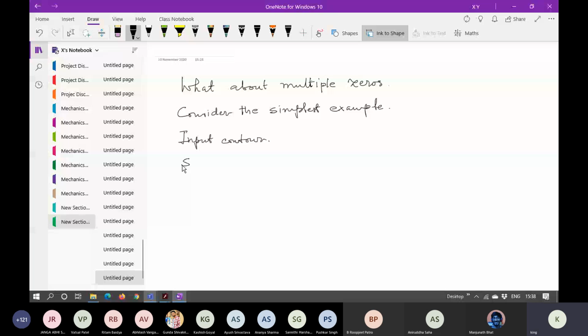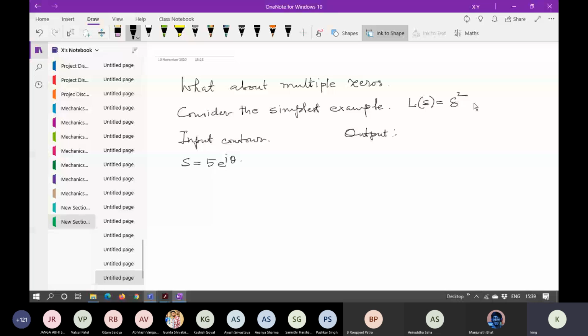Let's say I'm taking my input contour as S is equal to 5 e to the power I theta. Ls is equal to S square.